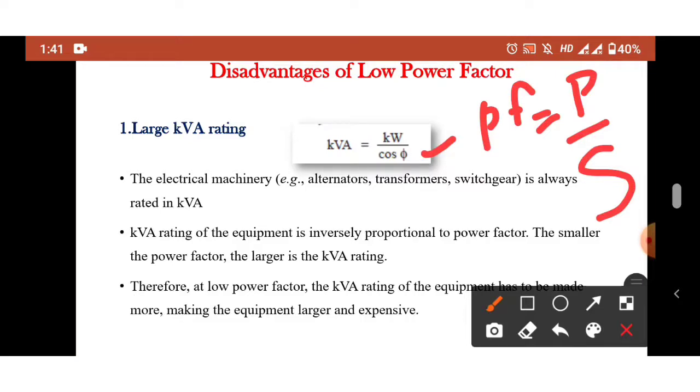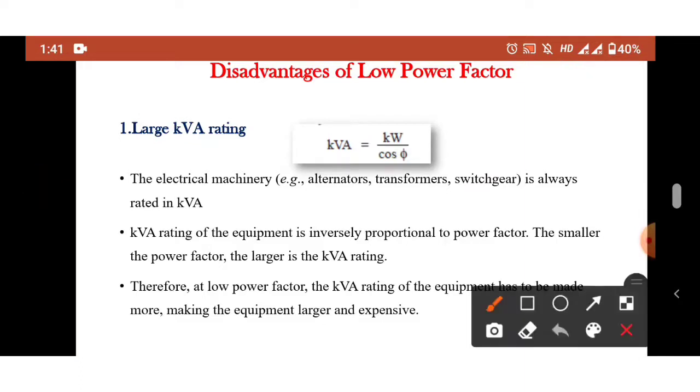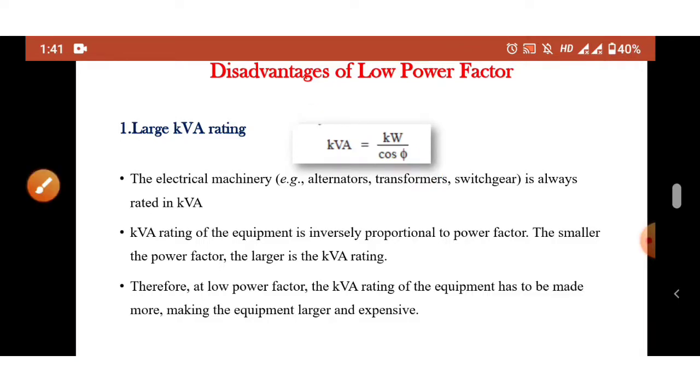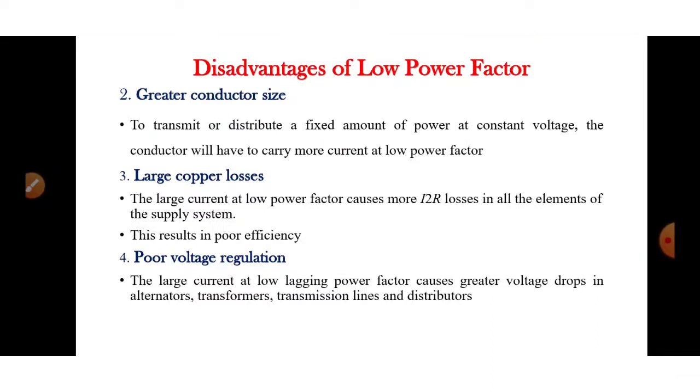So kVA is inversely proportional to cos phi. So when cos phi decreases, kVA has to be increased. So at lower power factor, the kVA rating of the equipment has to be made more, making the equipment larger and expensive.